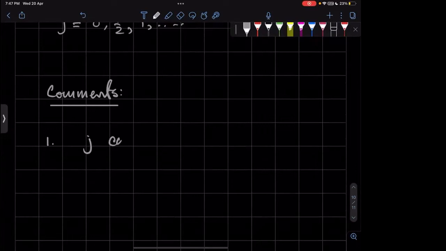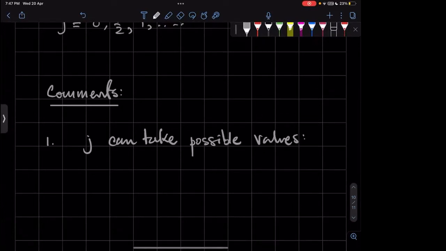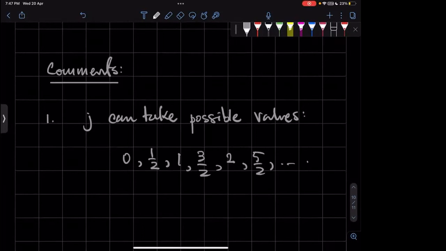So J can take possible values 0 and half positive integers. In quantum mechanics, this tells you the total spin of your particle.